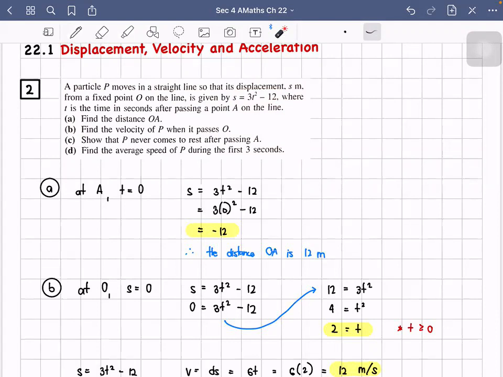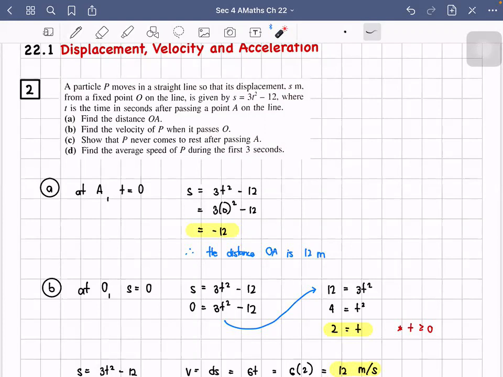First, letter A: let's find the distance of OA, origin up to point A. You still remember vectors? OA, origin to point A. At A, time is equal to 0, because we start from the origin.